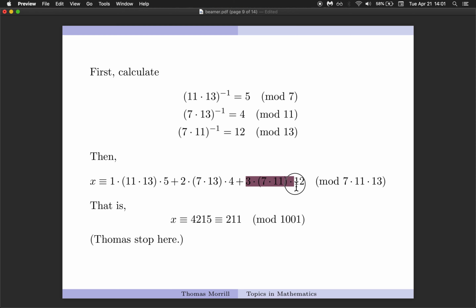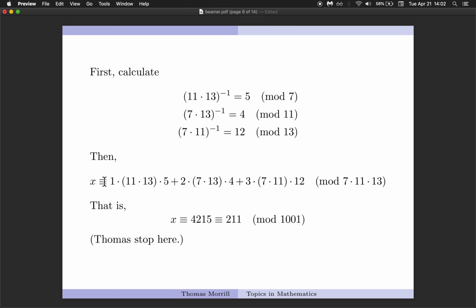And finally, for the integers mod 13, I'm supposed to have a residue of 3. I multiply by the other 2 moduli. 7 and 11 are not supposed to see this part of the formula. I multiply by 12, which is the inverse of 7 times 11 mod 13. And these 4 numbers I put together in a product.